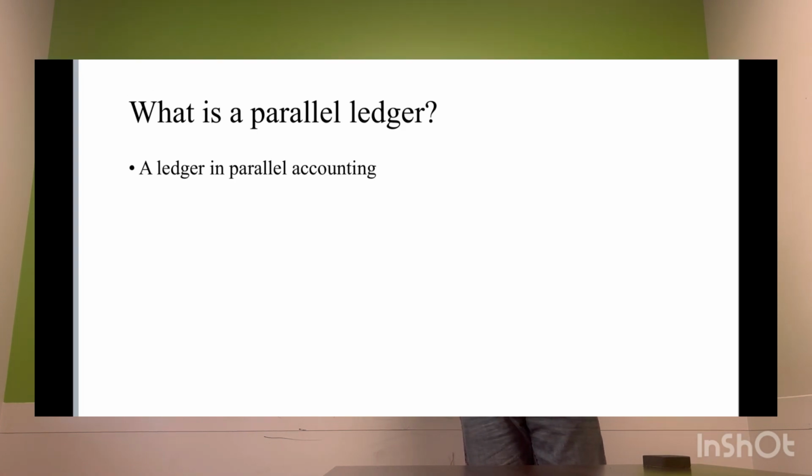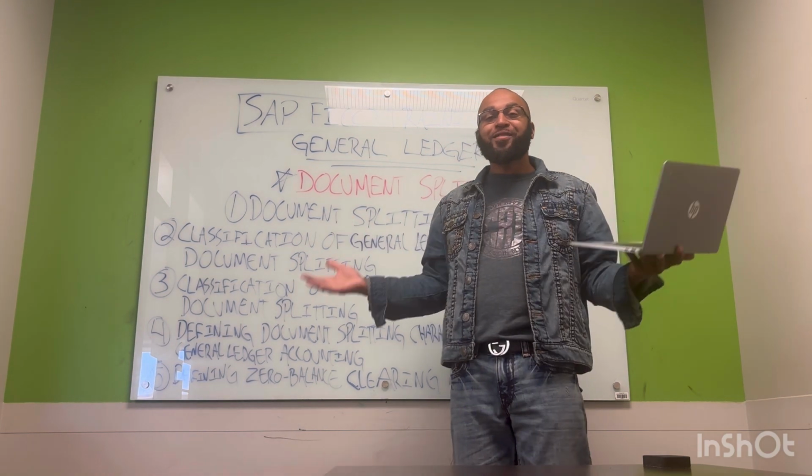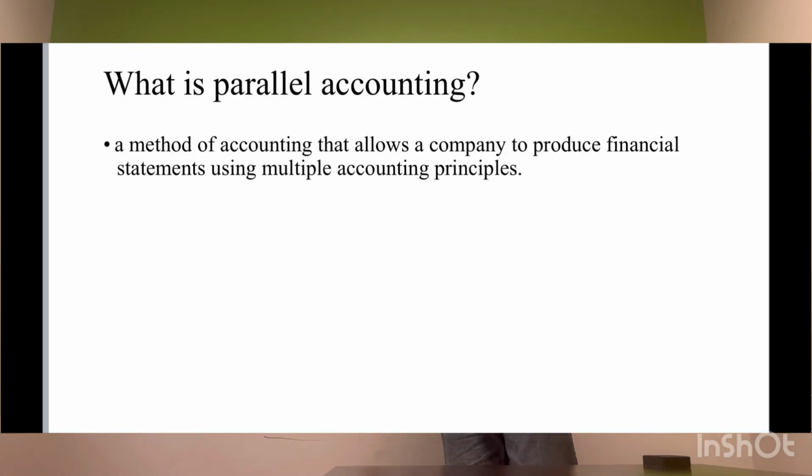A parallel ledger is a ledger in parallel accounting. And you know me, that gives me another question. What's parallel accounting? Okay. Parallel accounting is a method of accounting that allows a company to produce financial statements using multiple accounting principles.